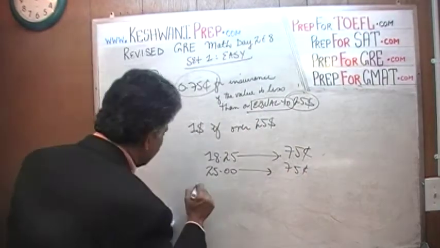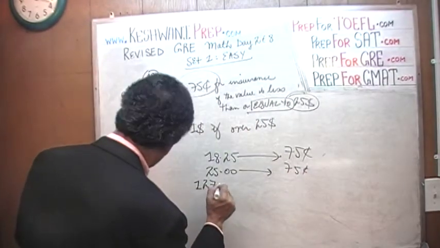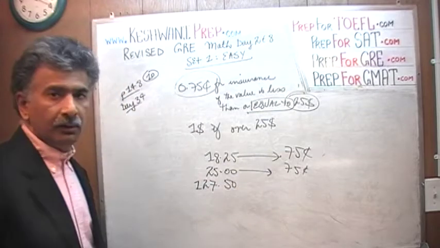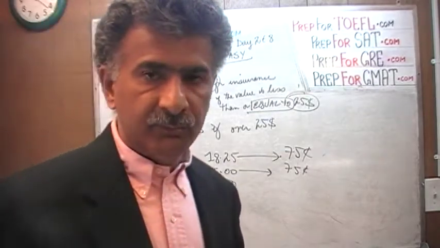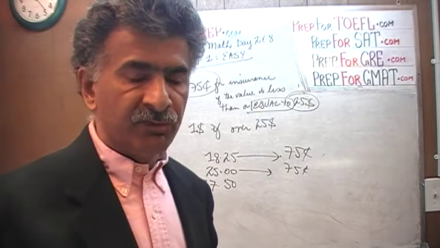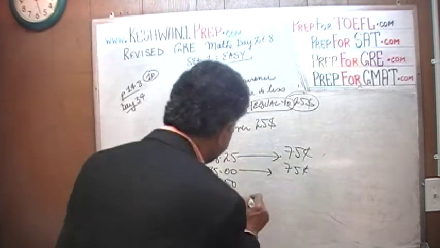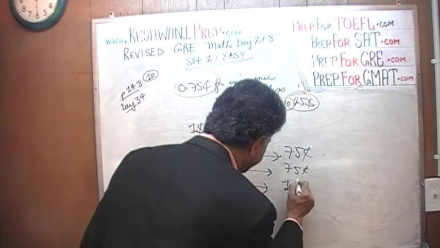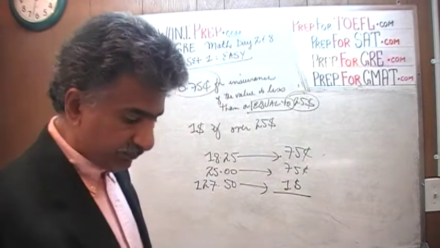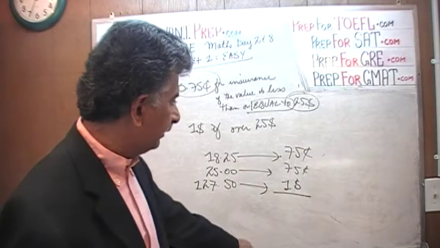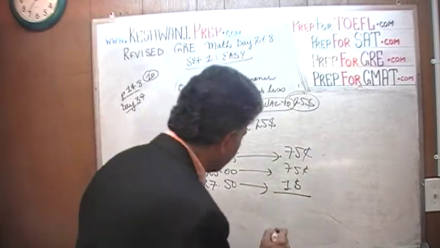And finally, the last package we have is $127.50 worth of value. Since it's more than $25, the insurance premium on this package is going to be $1. That's it. 75 cents plus 75 cents is $1.50. $1.50 plus $1 is $2.50.